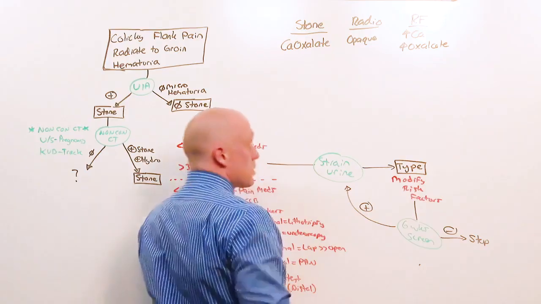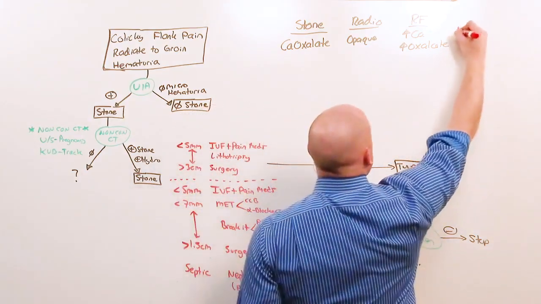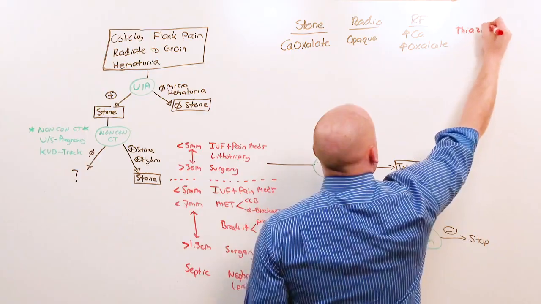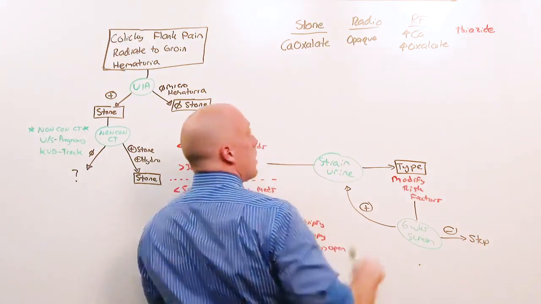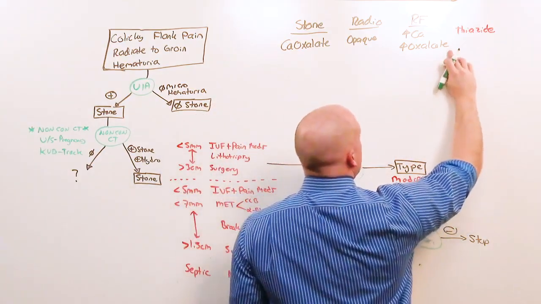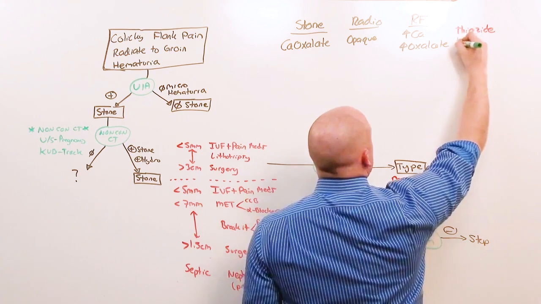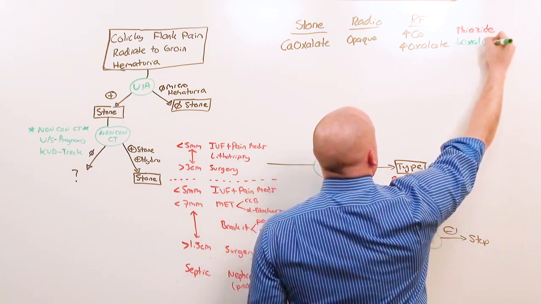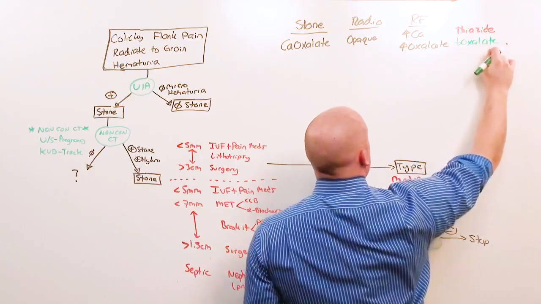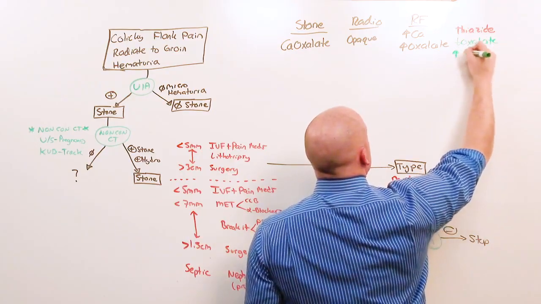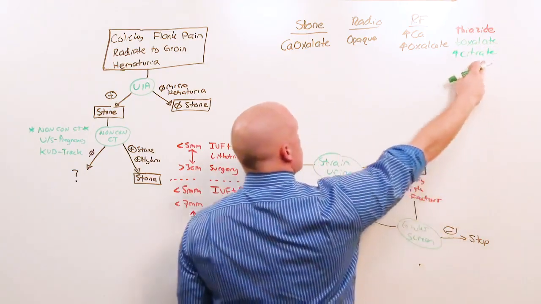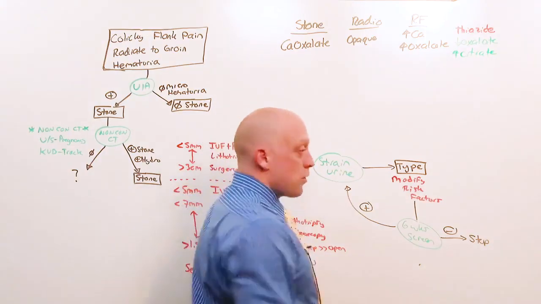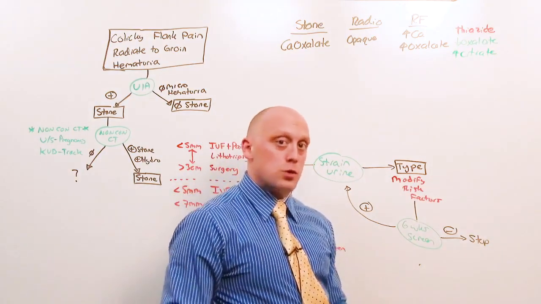You can modify these risk factors by giving thiazide diuretics and then by changing the diet. Oxalate comes in the form of protein. You want to decrease oxalate consumption, which means decrease the amount of red meat, and increase citrate. Eat more fruits and vegetables. Now there are other things that you can do, but I'm going to only do the high yield ones.